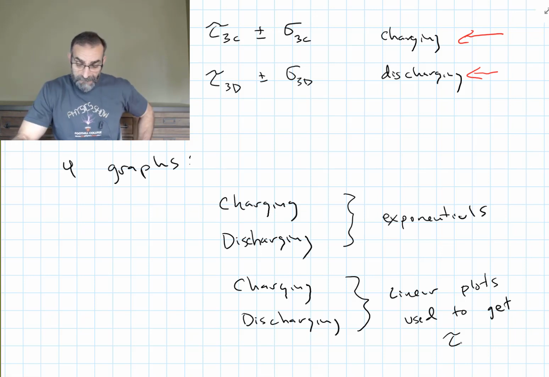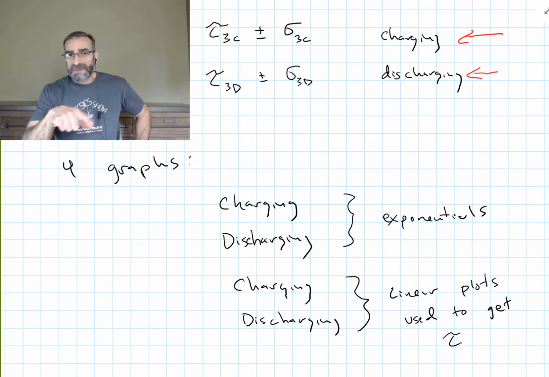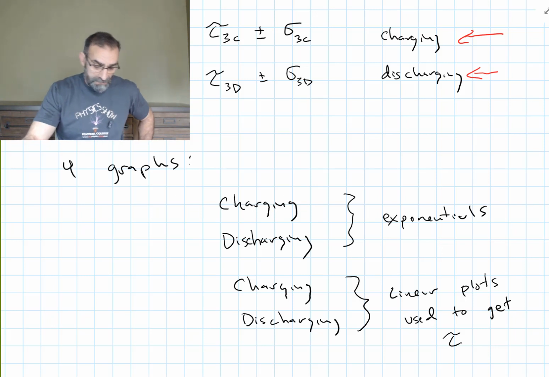This is for method 3. The graphs are for method 3. Method 2 is just a single point measurement. You're looking at a video, you just record the time from that. No graph for method 2. Method 3, the graphs are all for method 3.